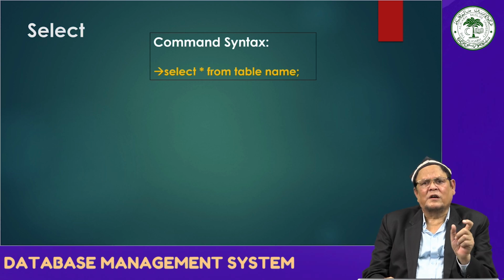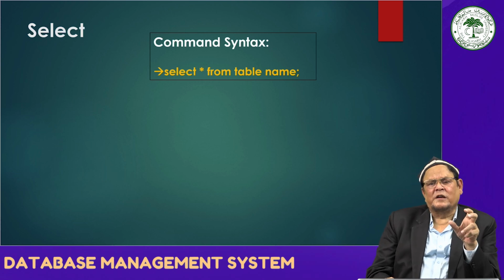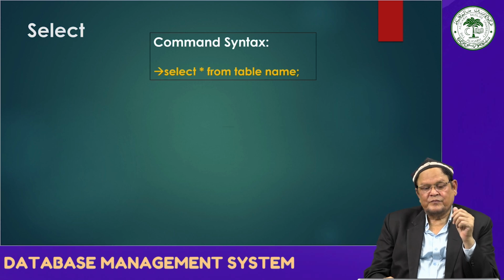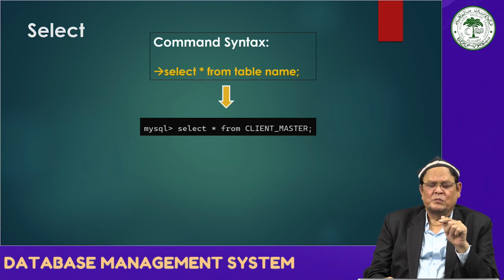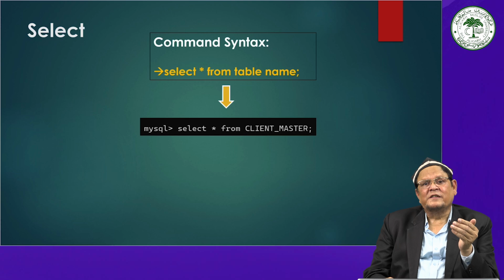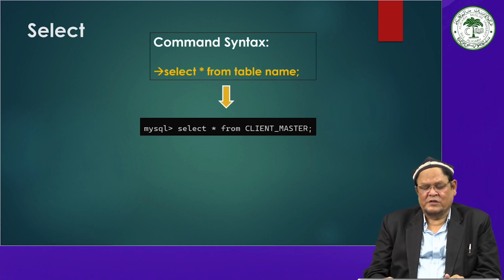It means all the attribute names will be displayed by using the table name. The command will be like that: select star from the table name client master, because I have already created that table. So every time I will use client master. So select star from client master.